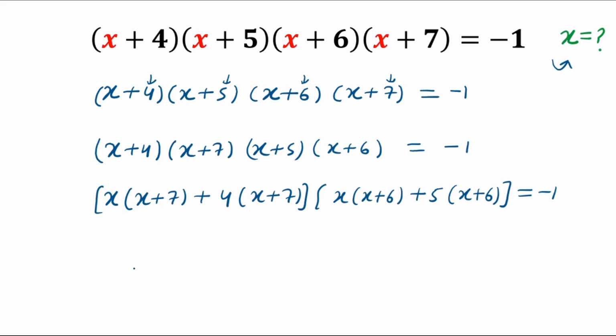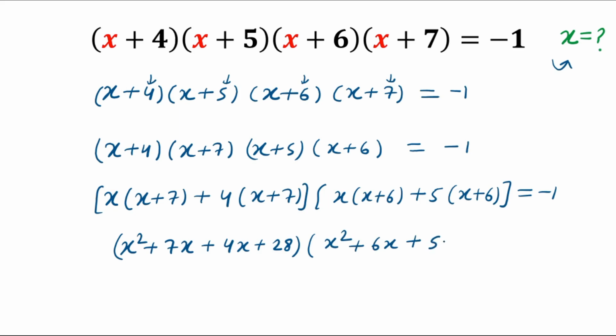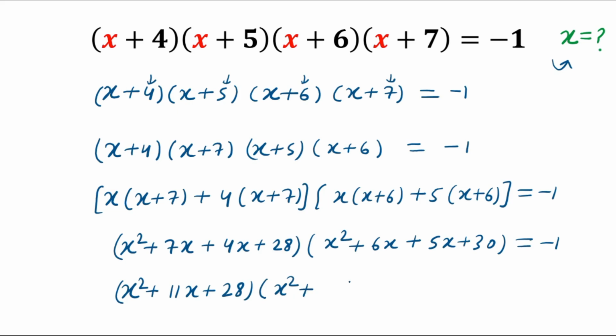Now x times (x+7) is x square plus 7x, plus 4 times (x+7) is 4x plus 28. x times (x+6) is x square plus 6x, plus 5 times (x+6) is 5x plus 30, and this is equal to -1. x square plus 7x plus 4x is 11x plus 28, multiplied by x square plus 6x plus 5x is 11x plus 30, and this is equal to -1.